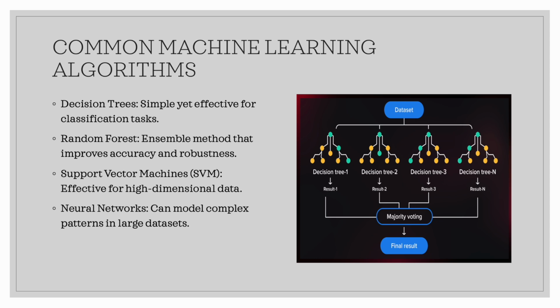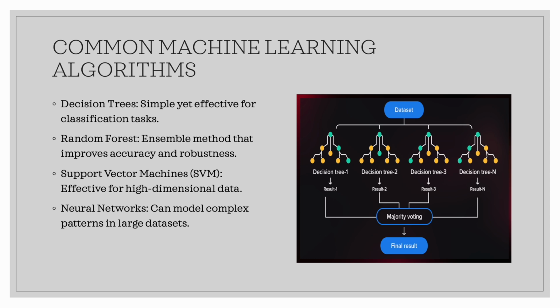Support vector machines, SVM. The overview of this is a supervised learning model finding the best hyperplane to separate data in high-dimensional space. Coming to the advantages: effective in high-dimensional spaces, robust to overfitting, and supports linear and nonlinear classification.